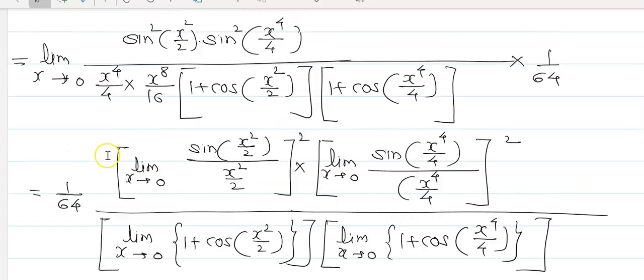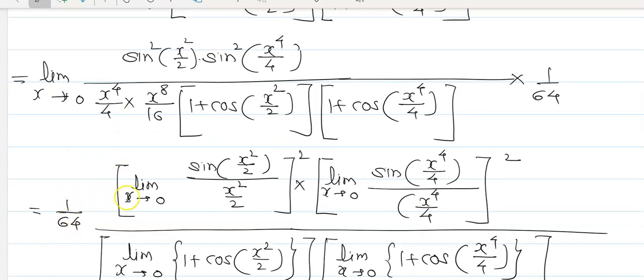Now here, the limit is written as 1 upon 64, limit x tends to 0, sin of x square upon 2 upon x square upon 2 whole square, into limit x tends to 0, sin of x raised to 4 upon 4 upon x raised to 4 upon 4 whole bracket square.